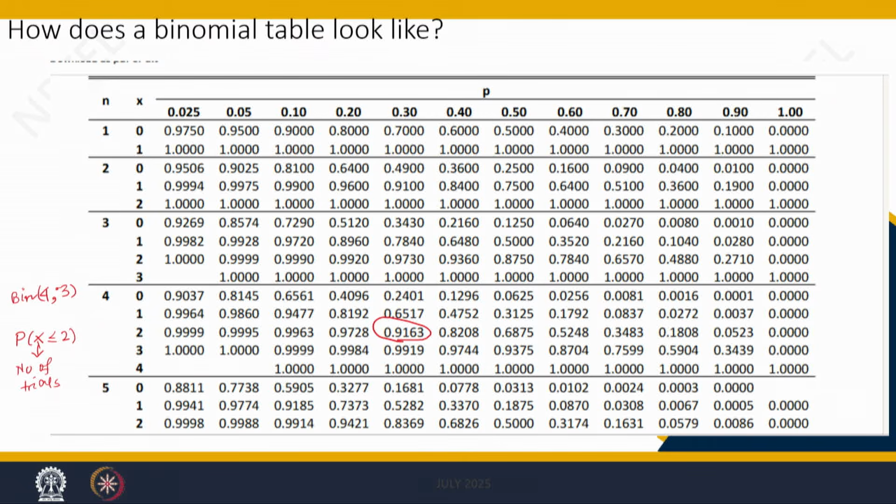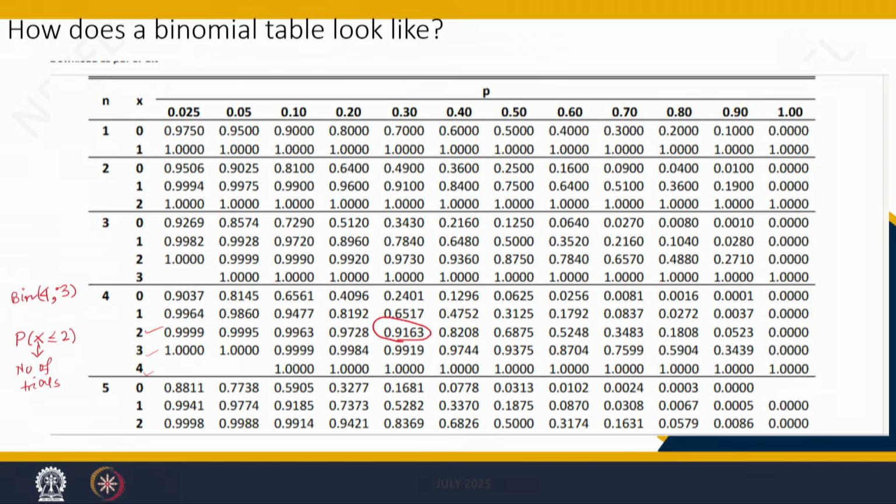Also, I am giving you the binomial table look. This is just an excerpt of the binomial table. Can you see these are the n, the number of trials, and for each number of trials the number of successes. So, suppose I am talking about binomial 4. How many successes can one think of? 4 out of 4 trials: 0 success, 1 success, 2 successes, 3 successes, and 4 successes.